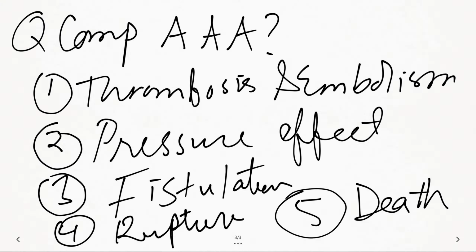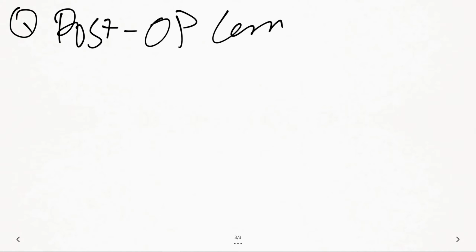Okay, let us go to the next question. They are going to ask you about the post-op complications. What are the post-op complications? This patient is treated surgically, and you know that he had either a ruptured or a non-ruptured aneurysm.